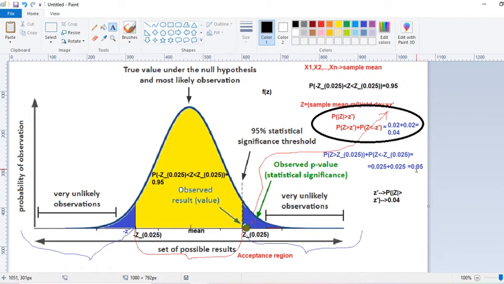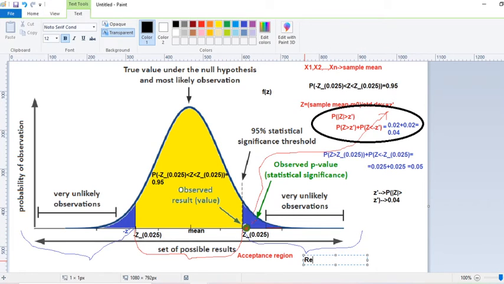This is the p-value. This is the value corresponding to the probability of rejection region. The probability of rejection region is 0.05, because this right side is the rejection region, and on the left side also we have a rejection region.